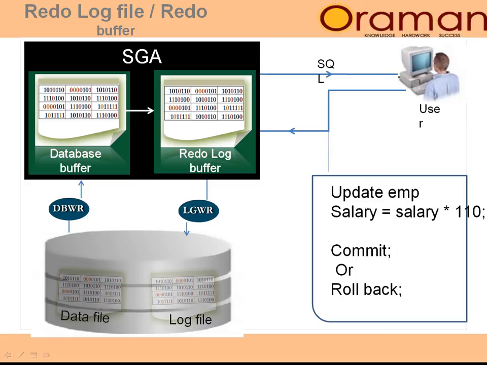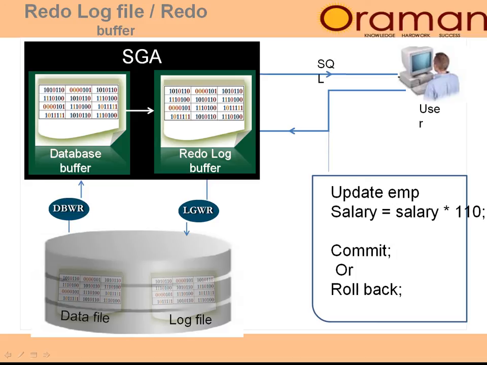After that time, if no changes were done, to make sure the random access memory data is not lost if the power is gone, it writes these changes back to persistent memory. So in this action we are seeing data file and log file, database writer and log writer, which are background processes, database buffer and redo log buffer.